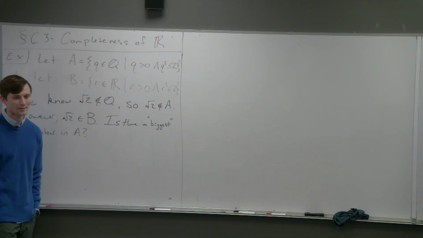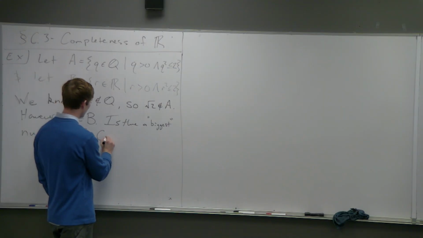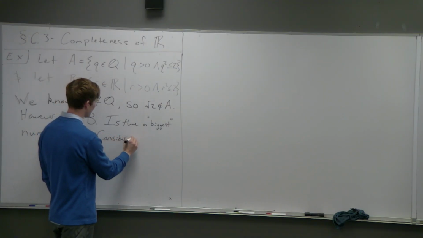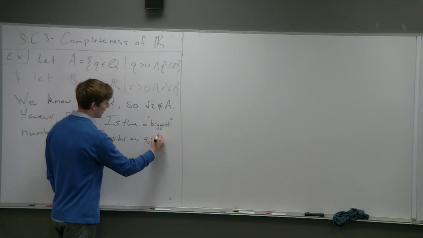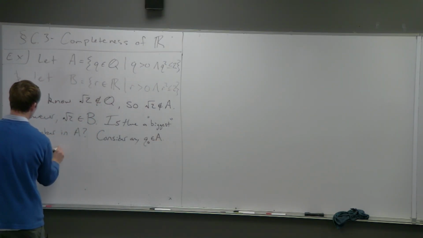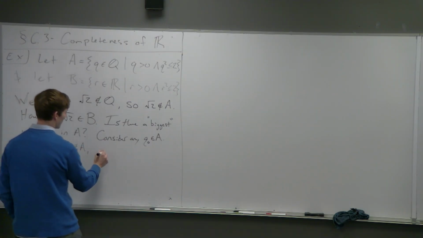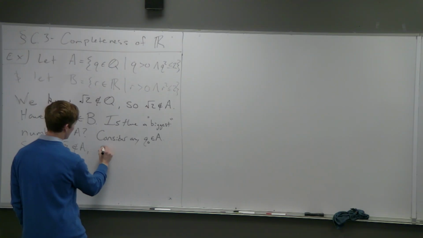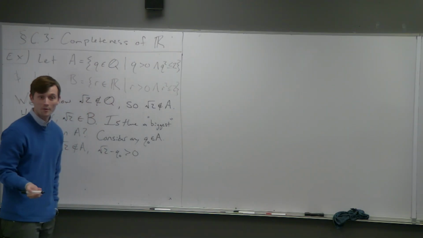There isn't, right? So, for instance, consider any, let's call it Q0, in A. Since square root of 2 is not in A, square root of 2 minus Q0 is greater than 0, right?